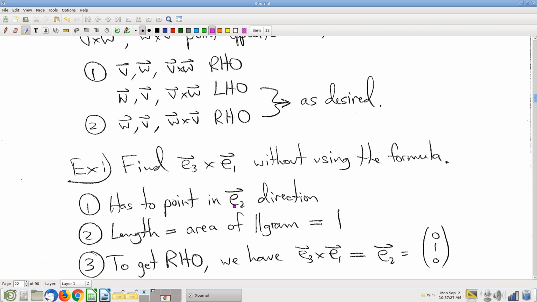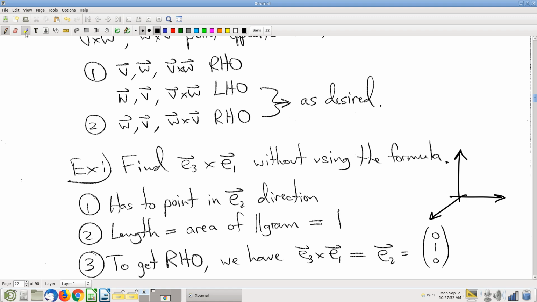Okay, so, a real quick example, just to show you how you can use the geometric properties of the cross product. I'm going to compute this cross product without using the formula, just by making geometric observations. So E3 cross E1. Now let me draw a picture over here. Here's my axis system.